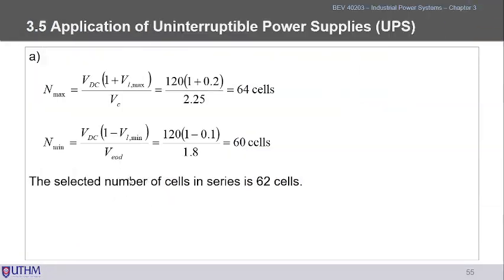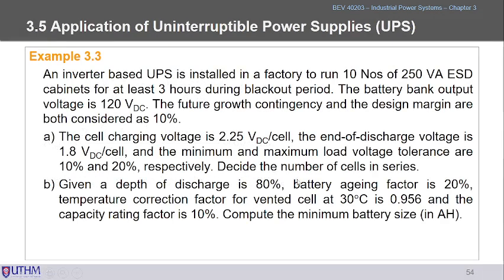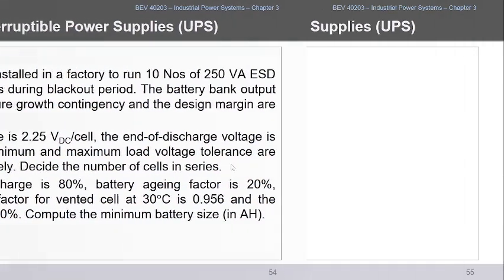So we look at A first. A is very straightforward. We need to find the maximum and the minimum number of cells in this case. For the maximum cells, we have VDC is 120 plus 0.2, because the maximum allowable voltage tolerance is 20%, and the minimum is 10% here.